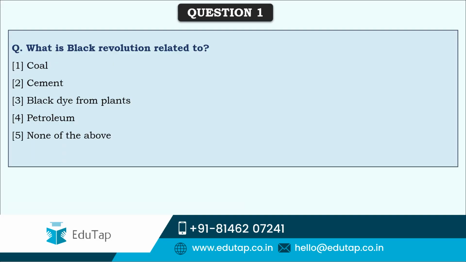So friends, the first question for today's lecture is what is Black Revolution related to? Is it coal or cement or black dye from plants or petroleum or none of the above? And here the correct answer is petroleum. Black Revolution is related to petroleum and petroleum products, especially biodiesel.